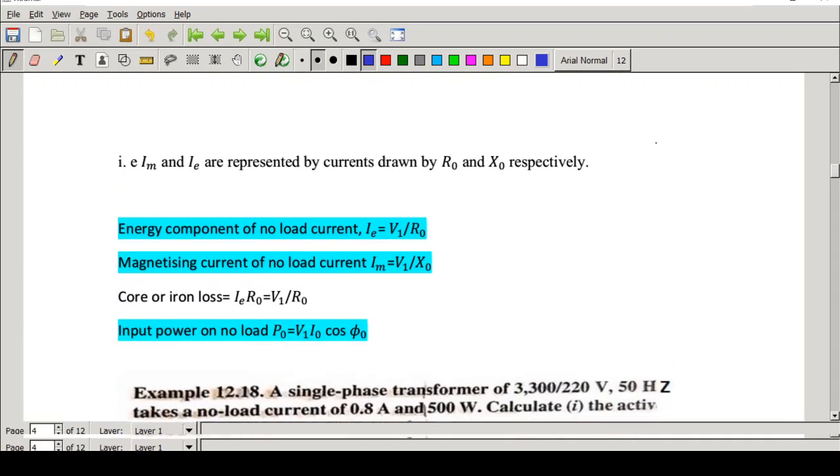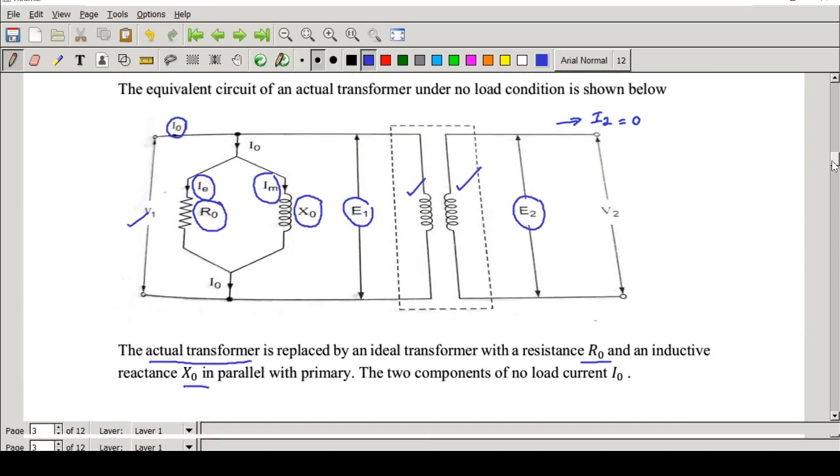Okay, now there are a few equations. How can you find the expressions for the core loss component IE and the magnetizing component IM? If you see this diagram, the voltage V1 is applied to the resistor as well as the inductor, that is, they are connected in parallel.